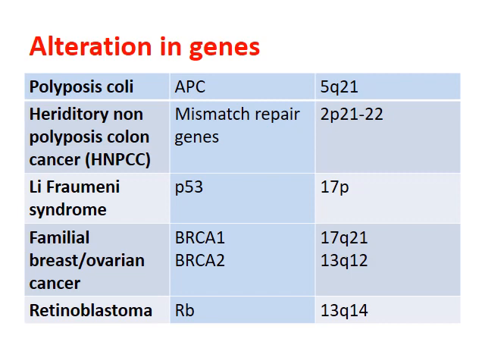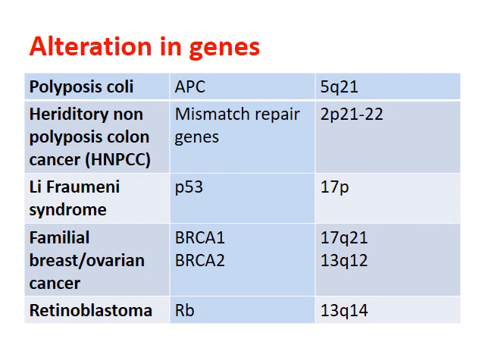Another cancer is hereditary non-polyposis coli, which is associated mostly with a defect in the mismatch repair genes. Li-Fraumeni syndrome is associated with disturbance in the p53 gene, and this is a very, very important gene, and we will talk about it later in this lecture.